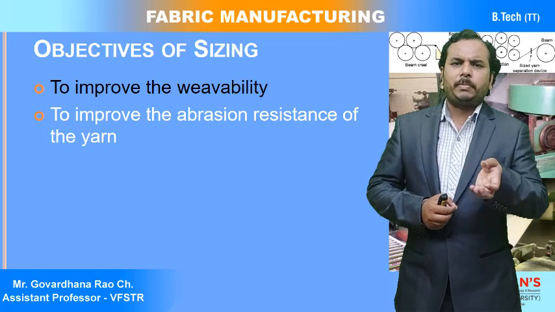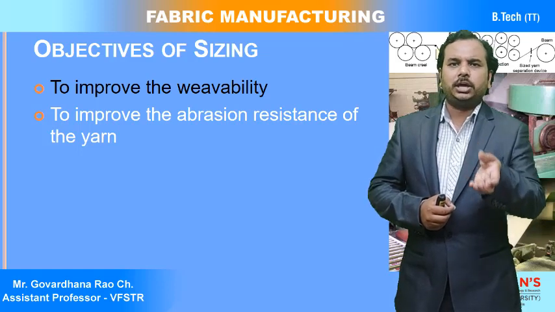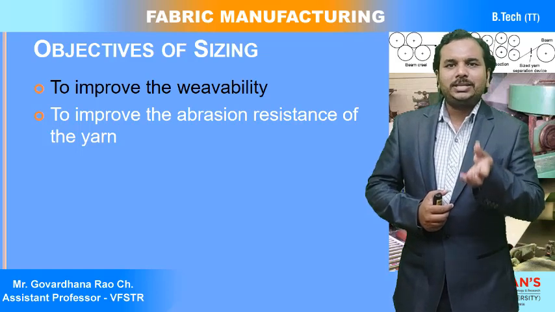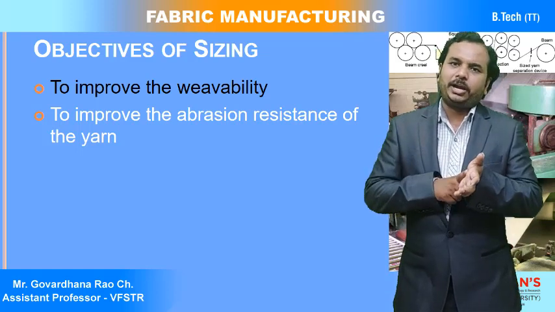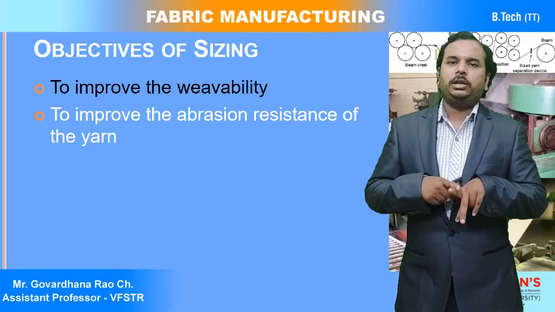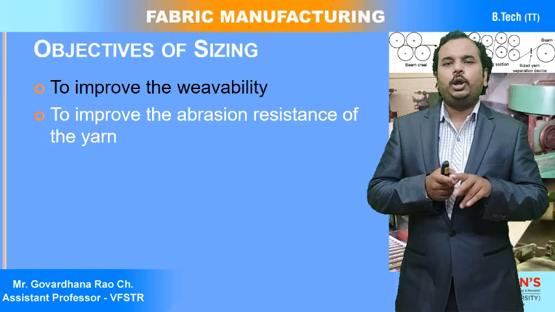So many metal parts are involved in the weaving process. So the yarn should be abrasion resistant, whether it is abraded yarn to yarn, or yarn to metal, even metal to yarn friction should be resisted.